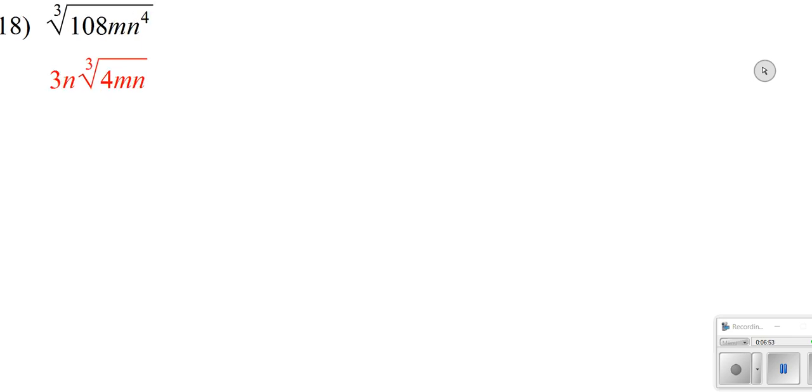And then the last one, we've got the 3rd root of 108. We look at our perfect cubes again. 2 cubed is 8. 3 cubed is 27. 4 cubed is 64.